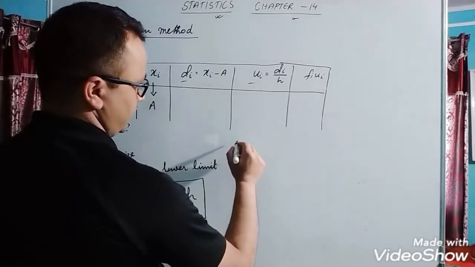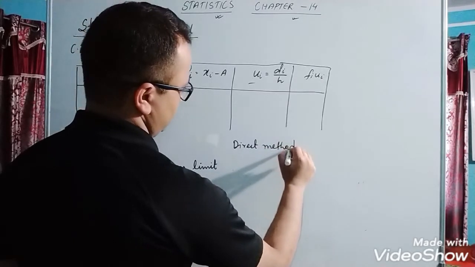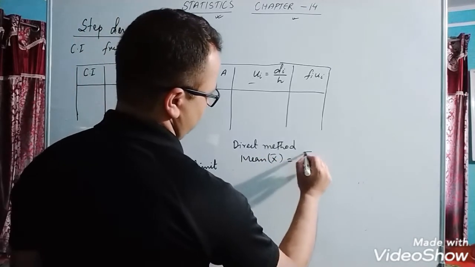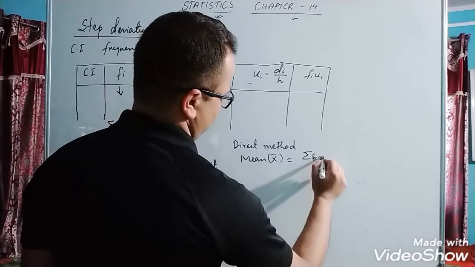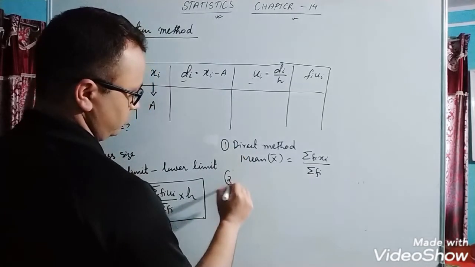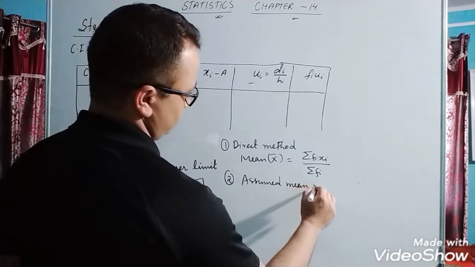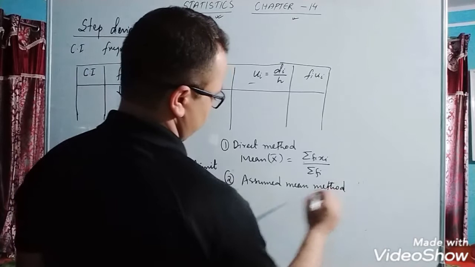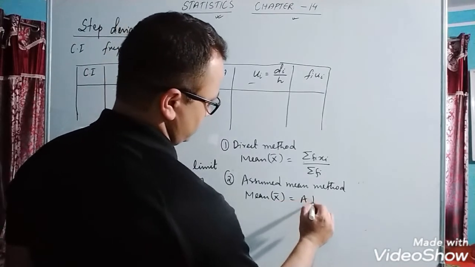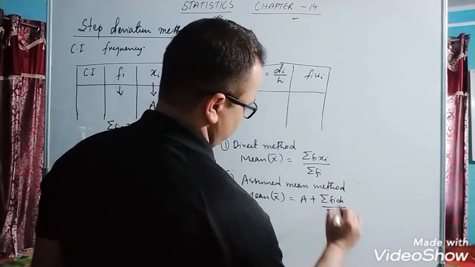There are three methods. Direct method: mean x bar equals summation fi xi by summation fi. Number two, assumed mean method: mean x bar equals A plus summation fi di divided by summation fi.